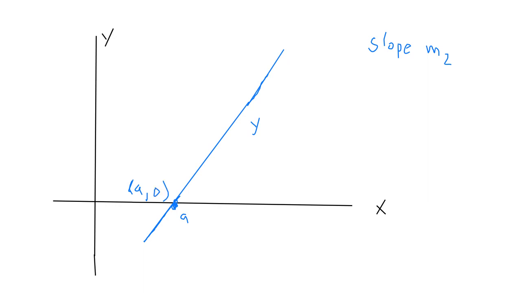So if we wanted the equation of the line, we would use the point slope formula. Y minus y1 equals slope m2 times x minus x1. We're calling it m2 here.